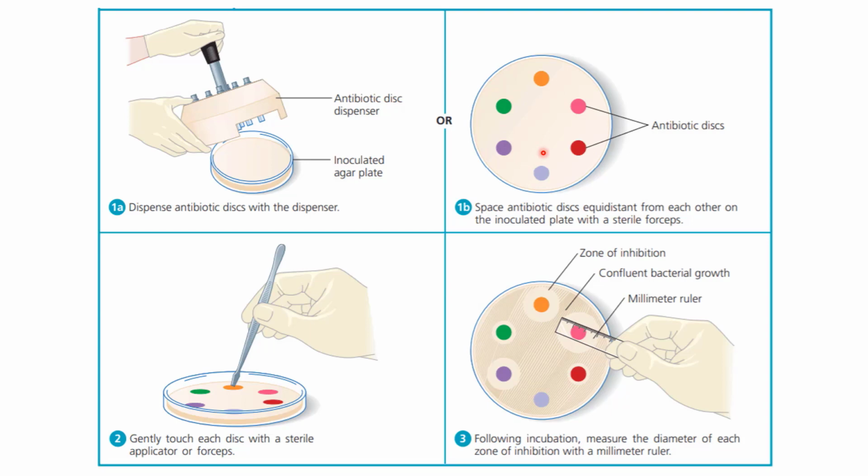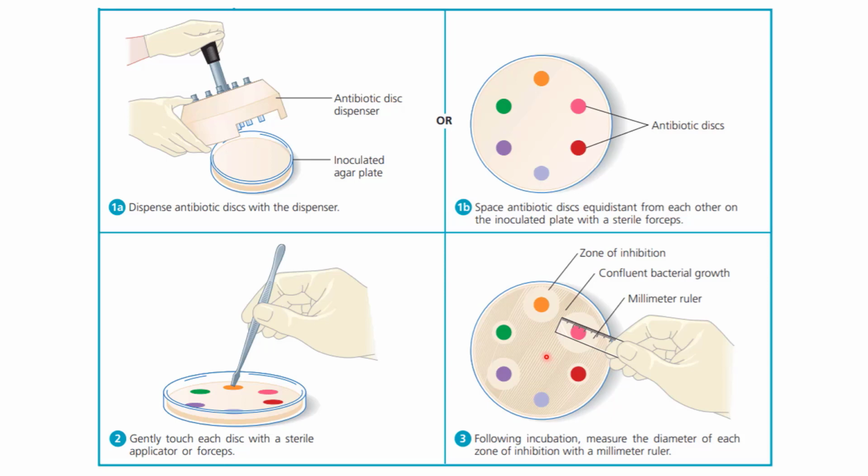If you have multiple organisms, then you will have one plate for each organism, so you can have several plates set up. And then you let it grow. After the incubation period, you can see that there is essentially a lawn of the organism that grows.